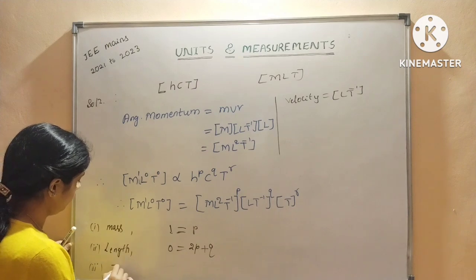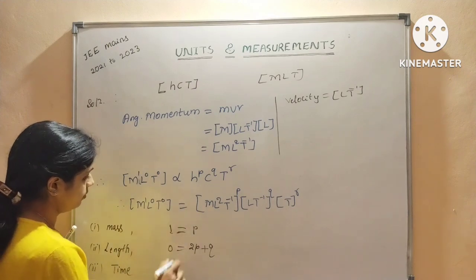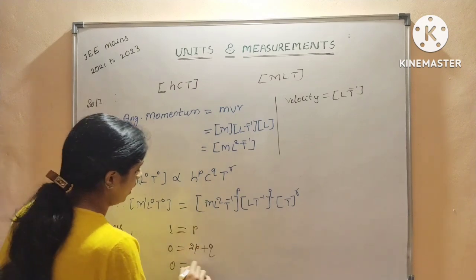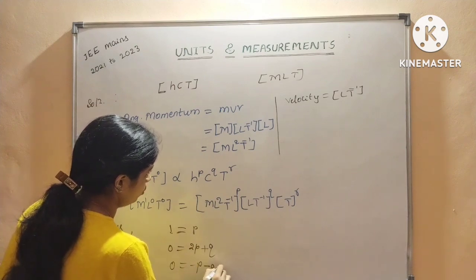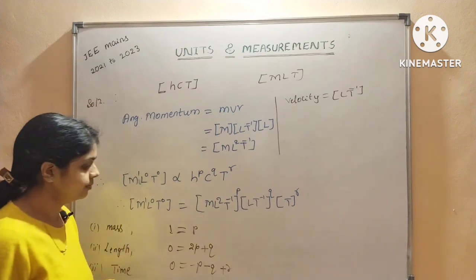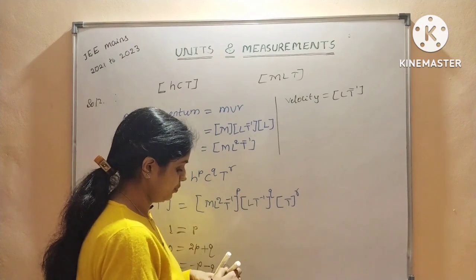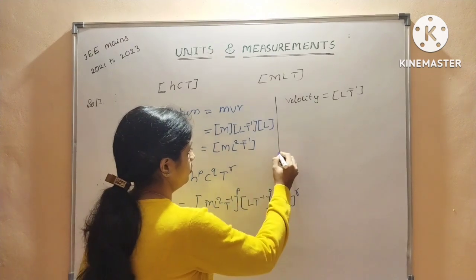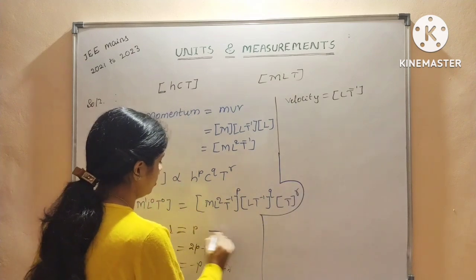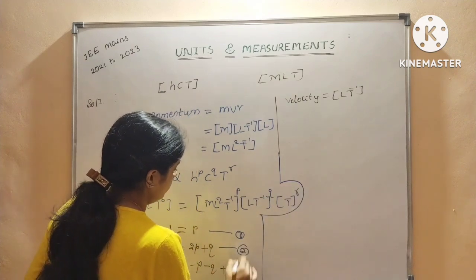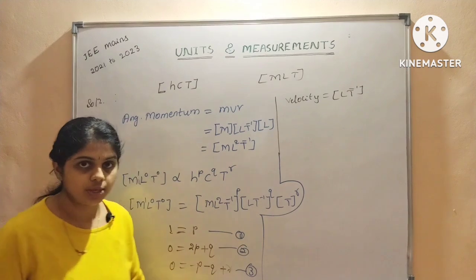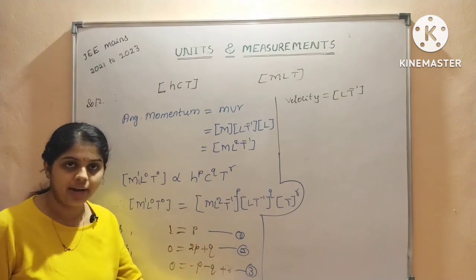Then for time, 0 equals minus p minus q plus r. Now you have three equations, equation number 1, 2, 3. Solve these three equations, you will get the values of p, q and r.